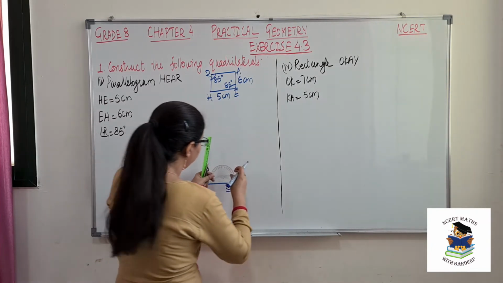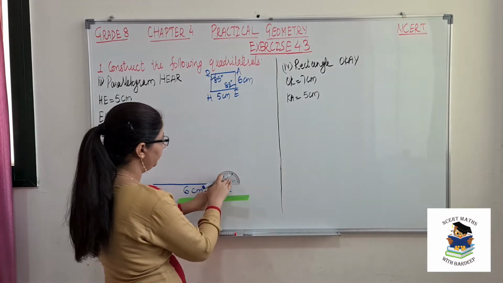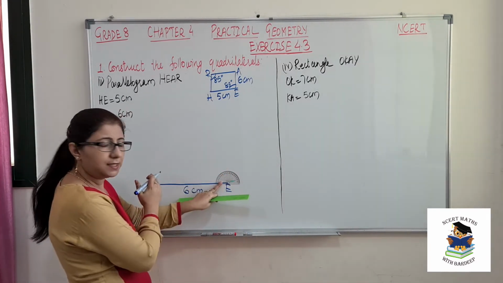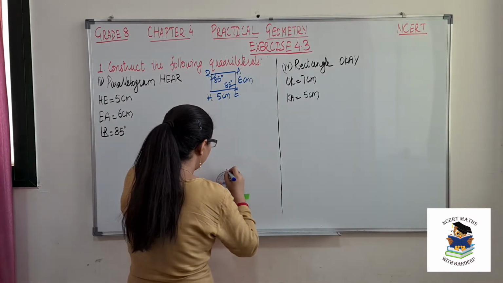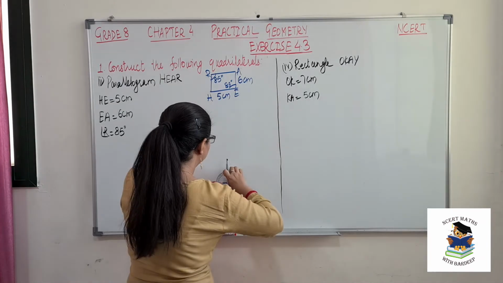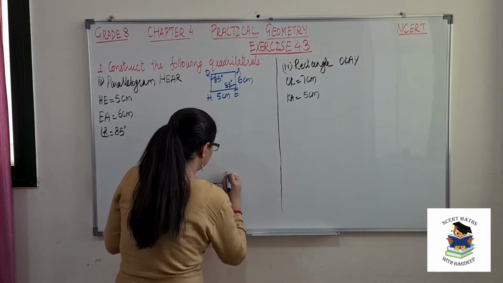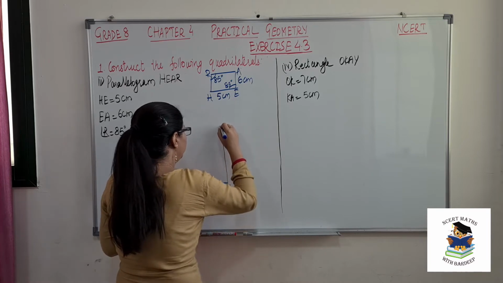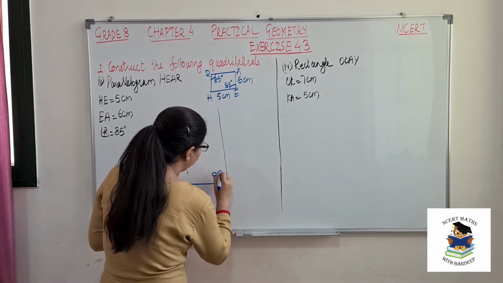So 85 degree we will draw here. So keep your protractor in this way, and since the line is on this side, we will start reading 0 from this side. So it is 85, I will mark it here, and then extend it. Okay, so this is 85 degree.